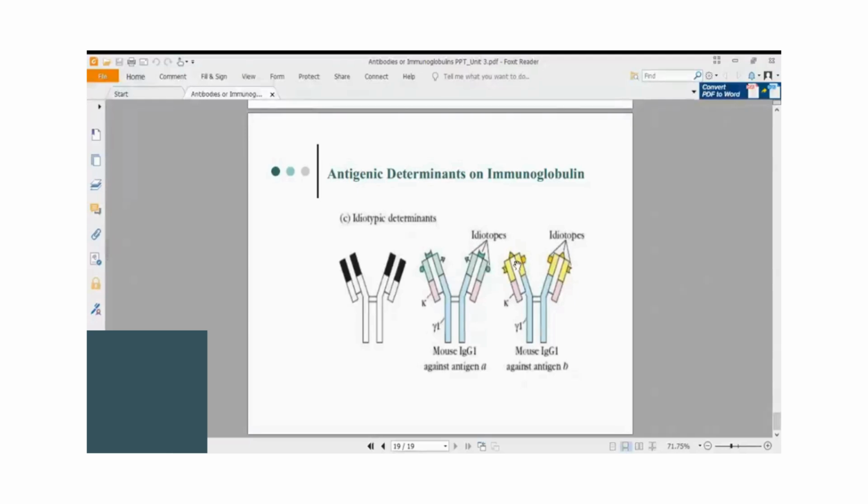Let us go back to the same example of Salmonella. In Salmonella, I had mentioned three major antigens of the membrane.